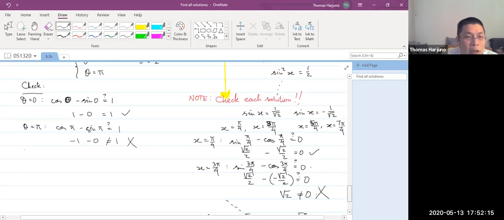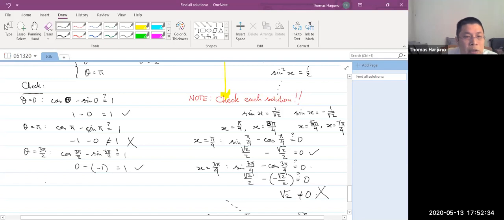How about when theta equals 3 pi over 2? So cosine 3 pi over 2 minus sine 3 pi over 2, is it equal to 1? 0 minus -1, that equals 1.